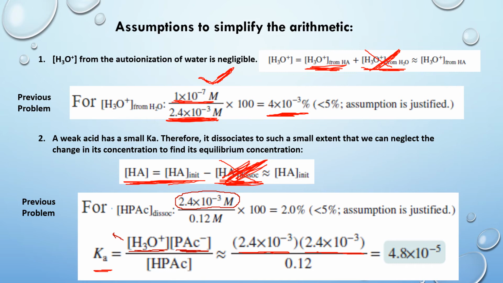If you compare this number to the initial concentration, the relative percentage is only 2%, which is less than 5%. So this assumption is valid and justified. Instead of using 0.12 minus x, we can directly use 0.12, which makes our calculation a little easier.